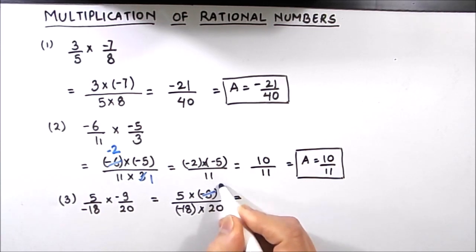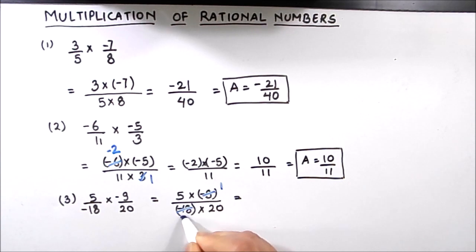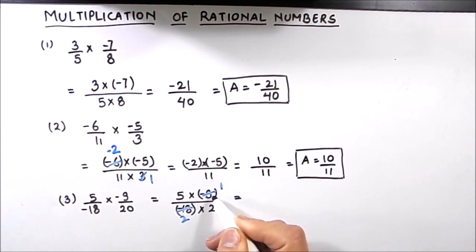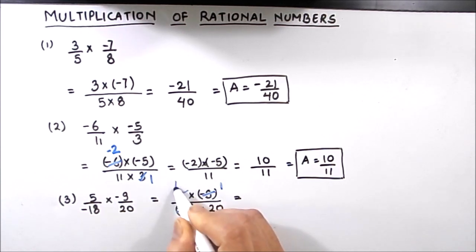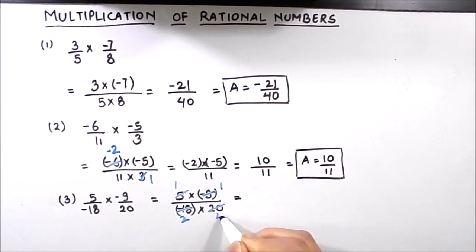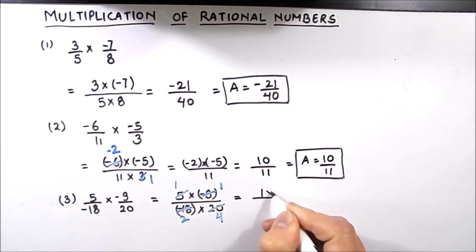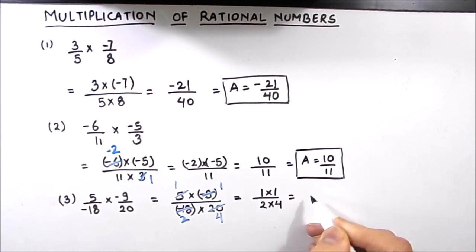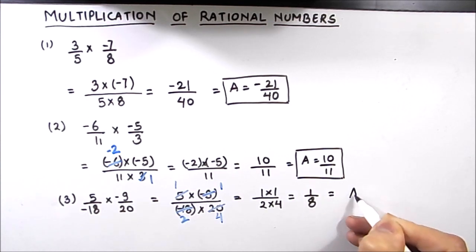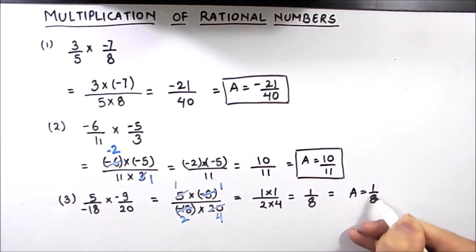So this is 9 times 1 and 9 times 2. The negative sign in the numerator and denominator will get cancelled. Also 5 and 20 have a common factor of 5. So 5 times 1 and 5 times 4. So we are left with 1 times 1 in the numerator, and the denominator is 2 times 4, which is equal to 1 by 8. So our final answer is 1 by 8.